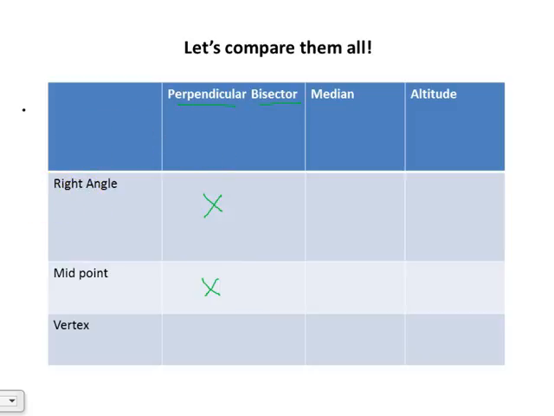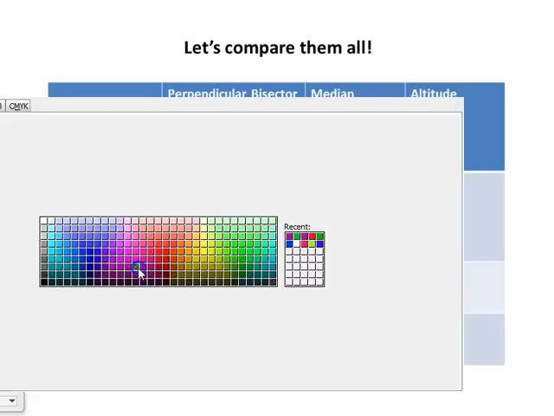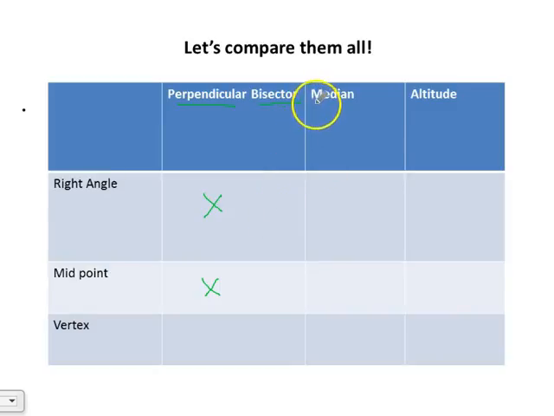What about a median? Remember median, I always say think of the M, the median, and midpoint. So a median intersects one side of the triangle at the midpoint, and it also starts at the vertex. It does not have to have a right angle. It might, but it does not have to. Last but not least, we've got altitudes.